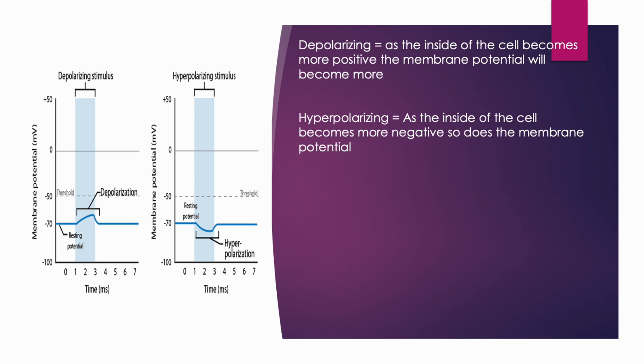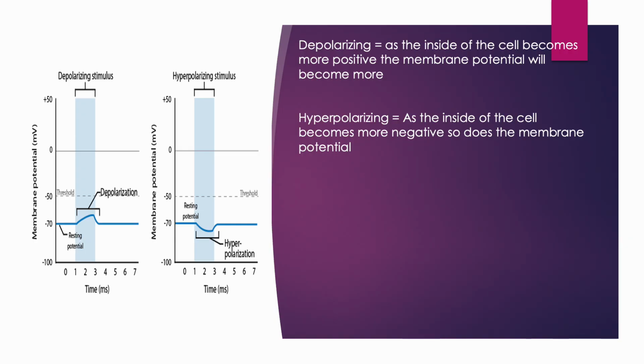For a hyperpolarizing potential, it does the opposite. It makes the inside more negative and it moves further away from the threshold here. So it goes further down. This can also be an example of, let's say, potassium leaving the cell, or chloride entering it.